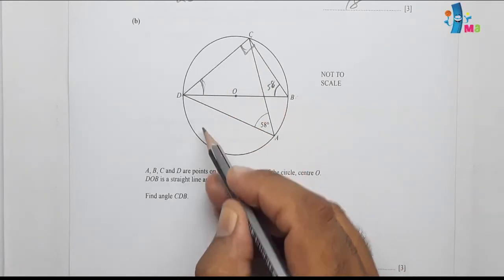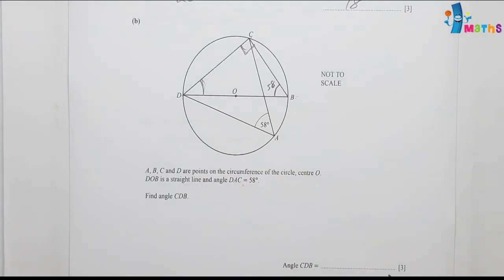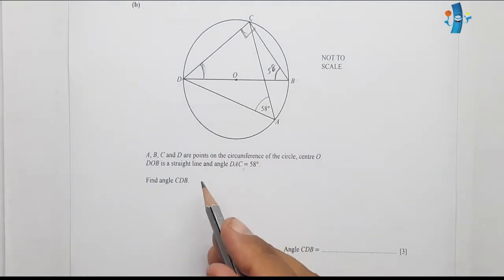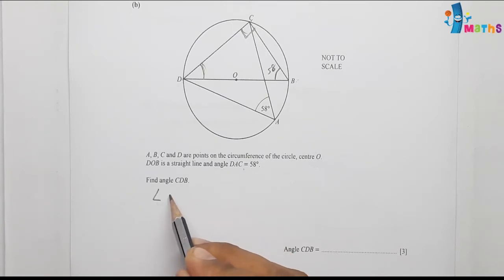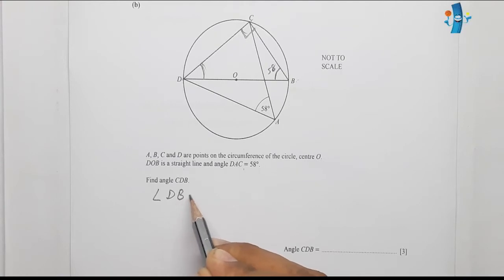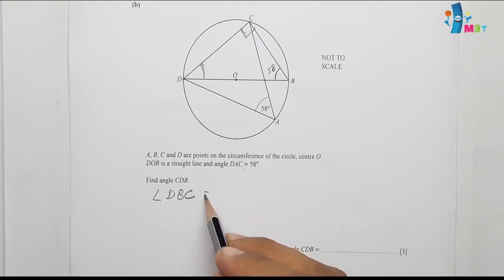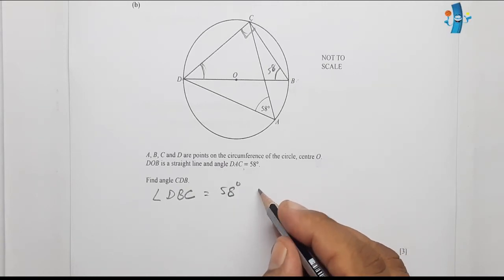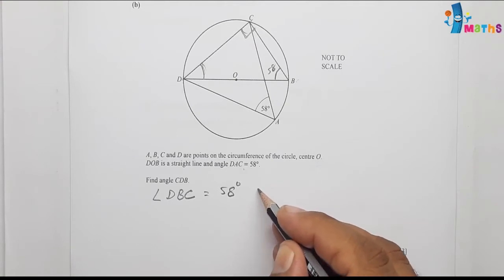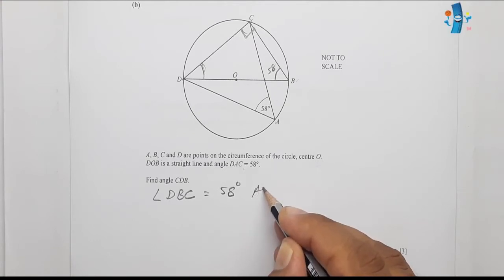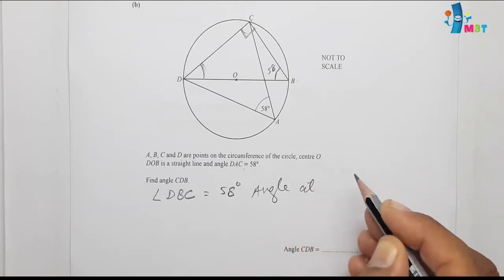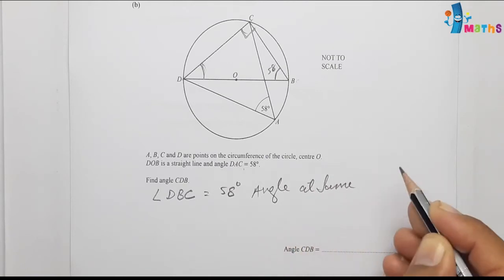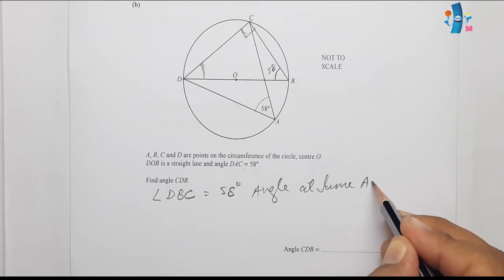So this is 58, this is 90, and we can find this angle. So to write the working, because this is a 3 marks question, you will have to write some working also. So we can write angle DBC is equal to 58 degrees, and the reason we can write as angle at same arc.